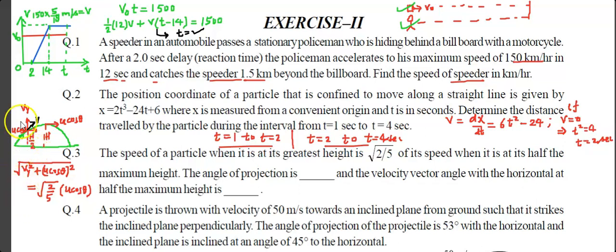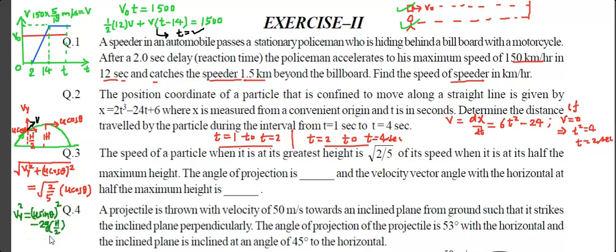So we can use the third equation of motion in the vertical direction. The final velocity squared, vy square, is equal to the initial velocity in the upward direction, which is u sine theta, squared, minus twice g into h, because g is downward. In place of h, we will write capital H by 2.